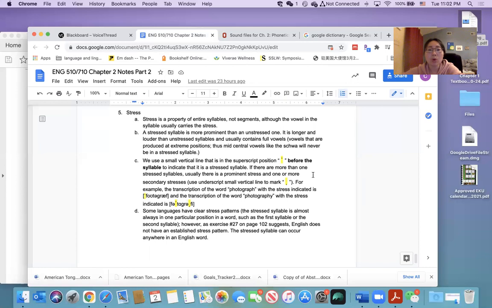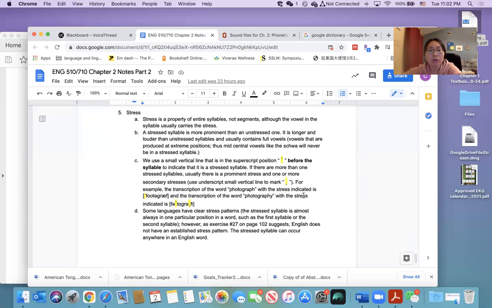If there is more than one stressed syllable, usually there is a prominent stress and one or more secondary stresses. For secondary stresses, we use the subscript small vertical line to mark it. Again, it's also before the syllable.